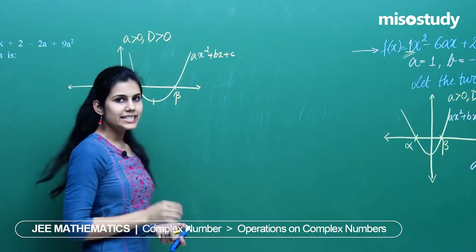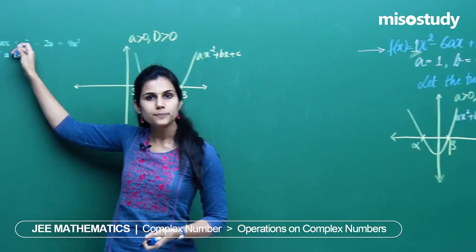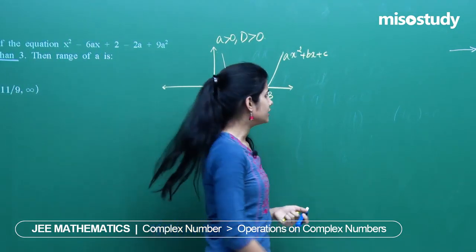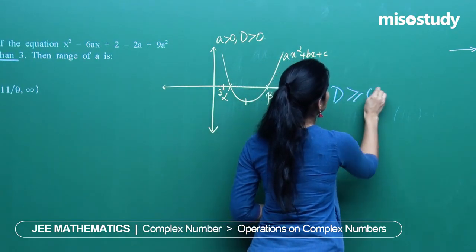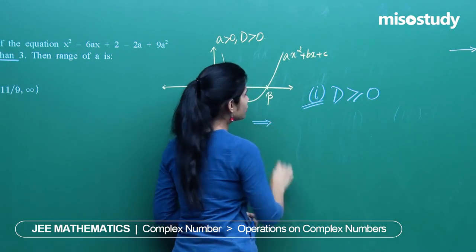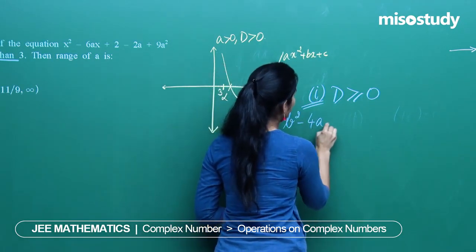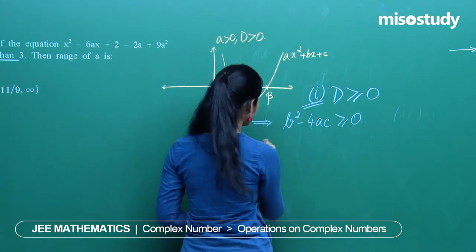So definitely the first condition which should be satisfied by my quadratic polynomial is that its discriminant should be non-negative. That's the first condition, which means b square minus 4ac should be non-negative.